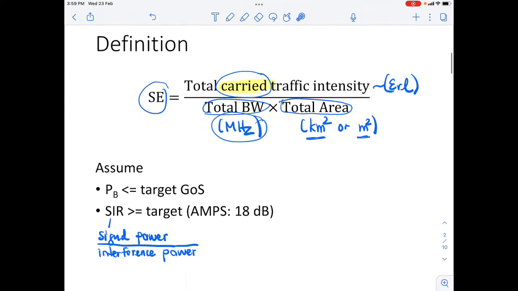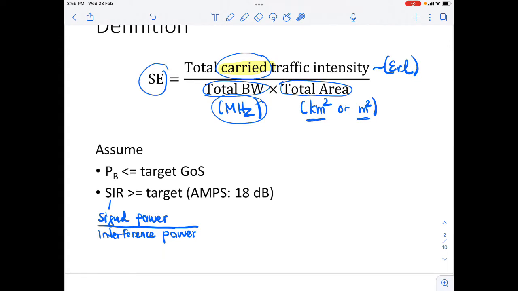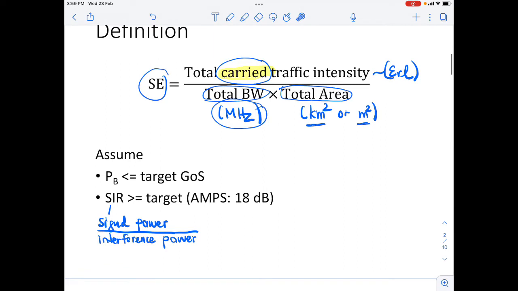Now, to maximize spectral efficiency, we assume that a certain quality of service is required. For example, the blocking probability might need to be less than some target grade of service.